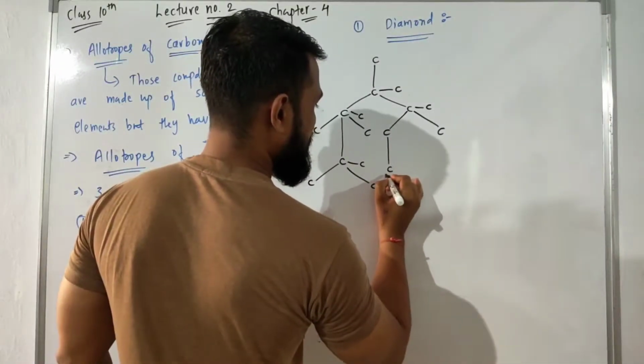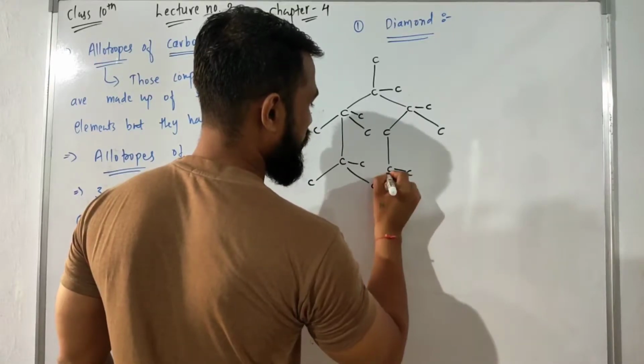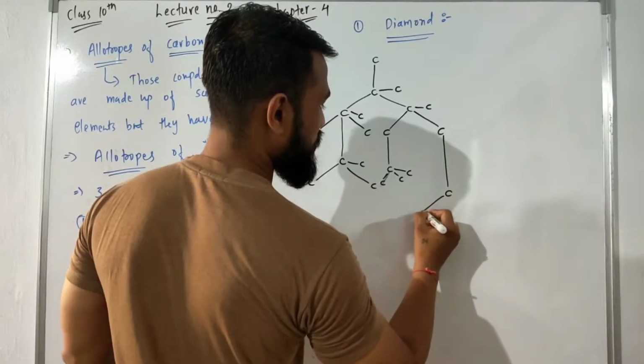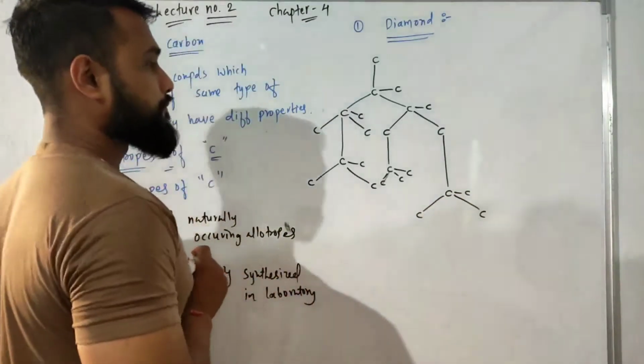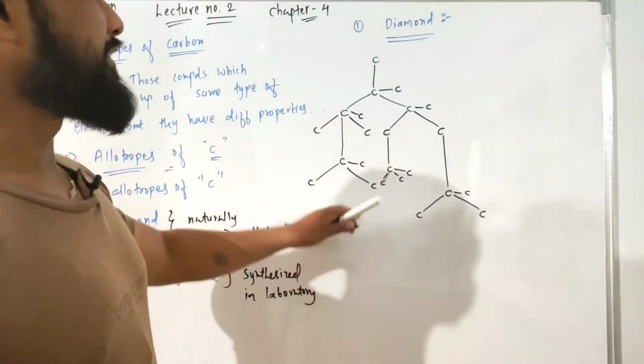Same like this, the carbon also combines with 4 carbon. So the diamond structure is like this. Again this carbon also combines, and this is the structure.